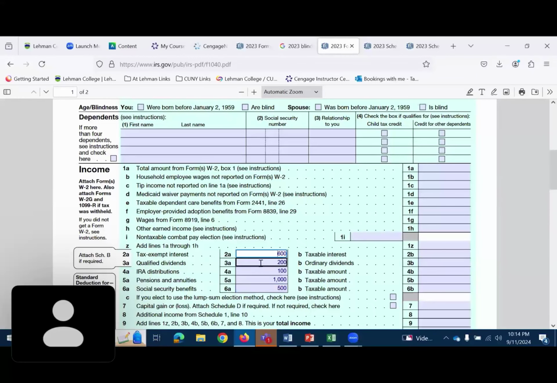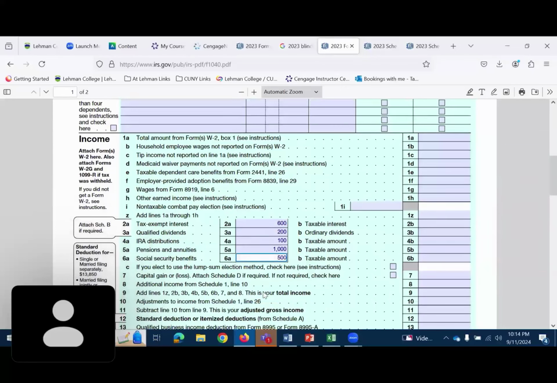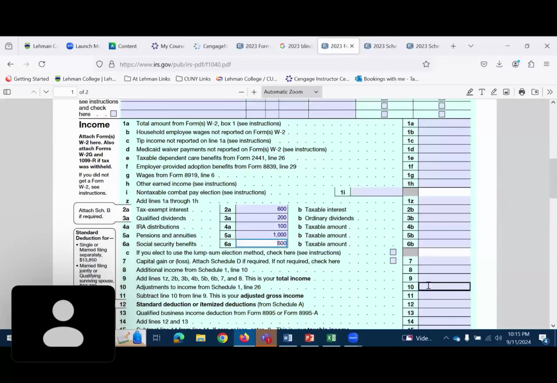So this is all income that I received, but it's not included in the total income line. This is just 2B. I might have $200 of taxable interest. I might have $500 of ordinary income. I might have a taxable amount of something else, let's say $600. And then my Social Security benefits, I might have a taxable amount of $700.